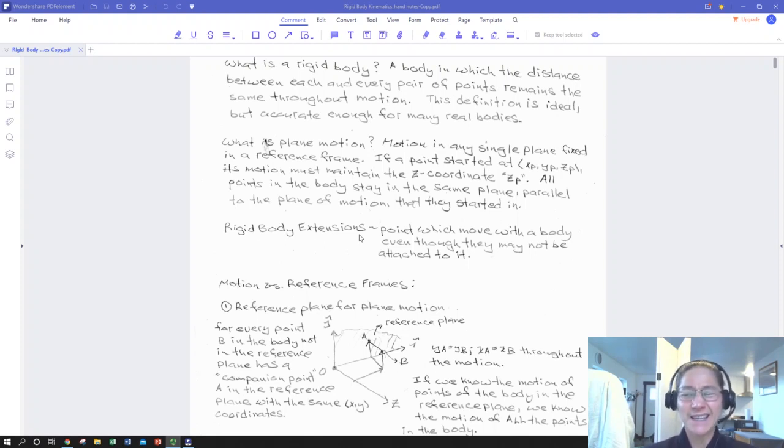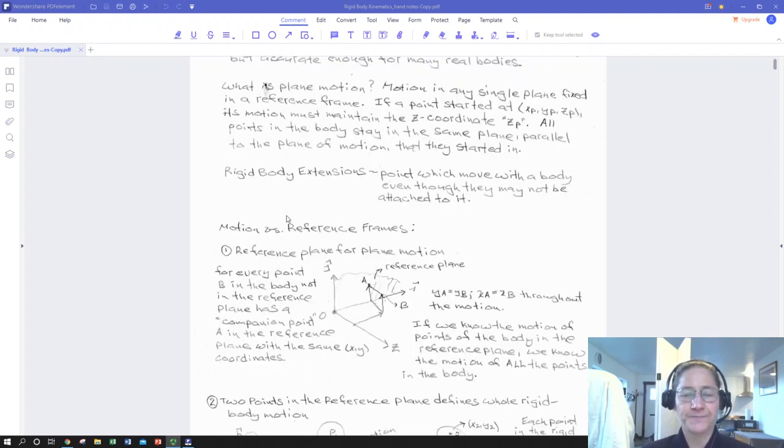So obviously that's going to be something we'll use a lot in rigid body motion. And it definitely moves with the pipe in this case. It doesn't change its position relative to the pipe's circumference, but it is not actually physically attached to the pipe. So that center axis is what is known as a rigid body extension. So it's totally okay to use that center of mass as if it's connected to the rigid body. It will move with it in rigid body motion, not a problem.